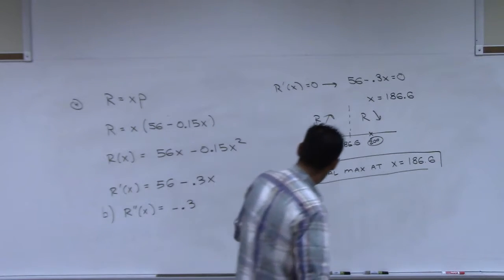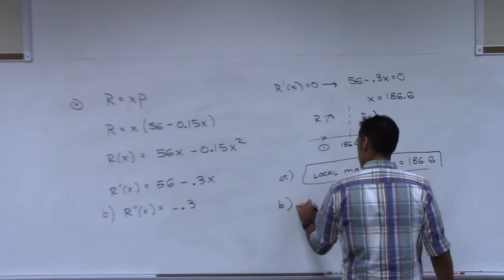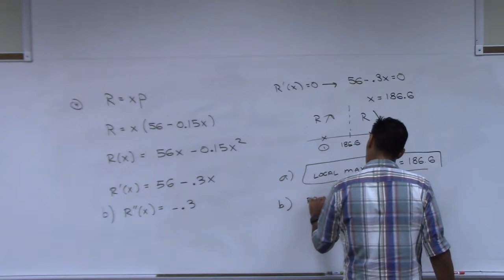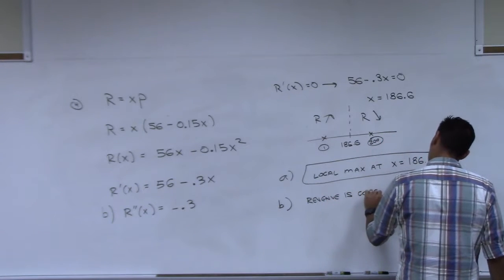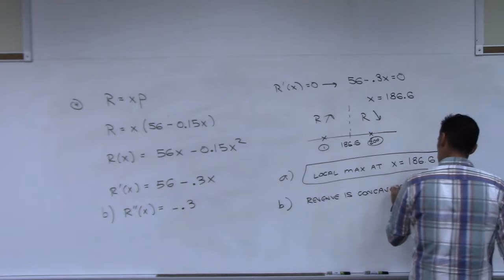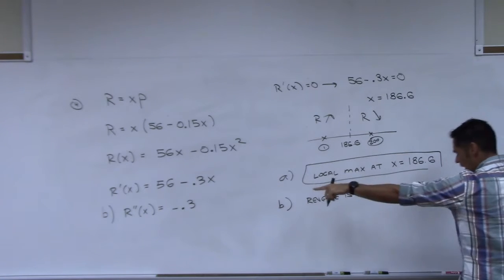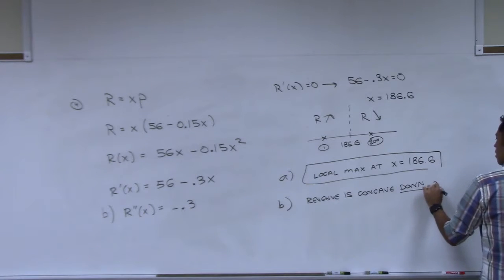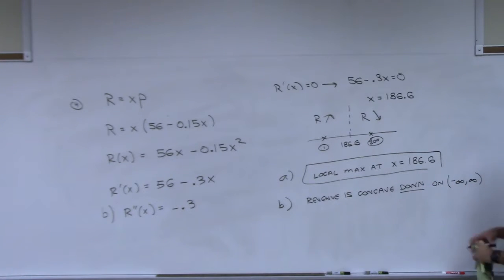So the answer to part B is that the revenue is concave down. Why is it concave down? Not up? Because that's a negative number, right? Concave down on the interval negative infinity to infinity. So it's always negative, always concave down.